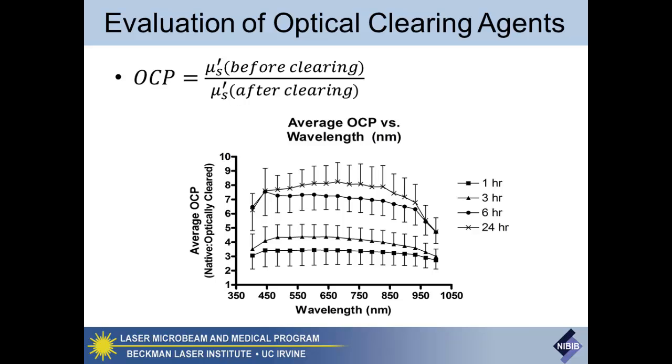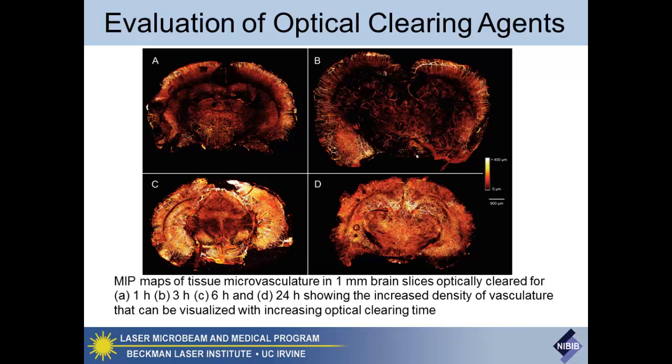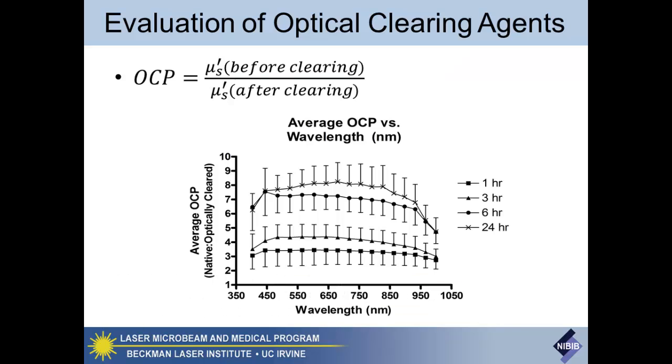We could also do this across all wavelengths, because there were other questions of understanding how these clearing agents actually work. What are they changing in the scattering properties of these tissues to make them more clear? That remains somewhat of an unknown question, but that was one example, and it's always great to have cool looking pictures.